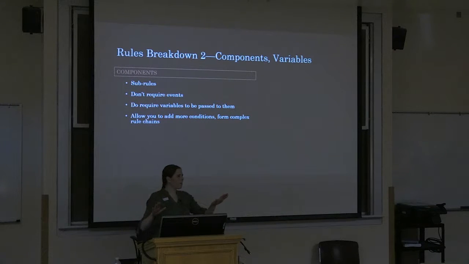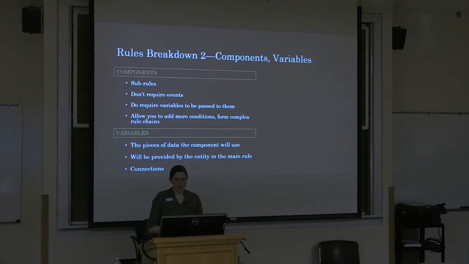So if we have a rule that we want to apply to both types of subscribers, but we want to specify slightly different actions for both types of subscribers, we have to create a component. One component is for if they're print, another component is if they're digital, and then we can stick them under the main rule. And most of these same actions will apply to them, but we can tailor it specifically to those types of subscribers. So it's really helpful.